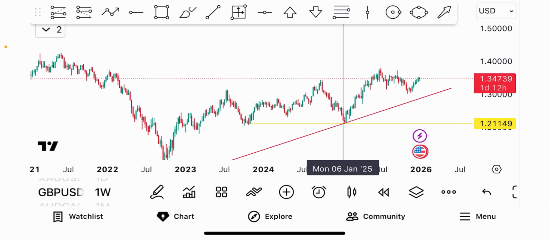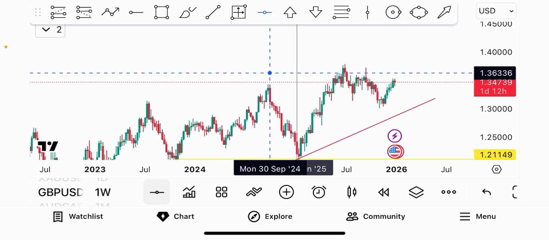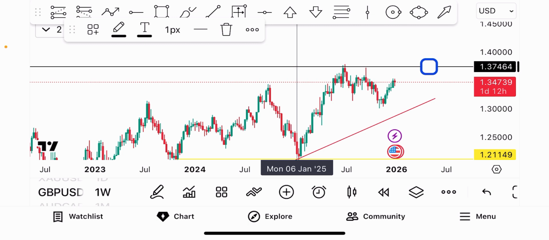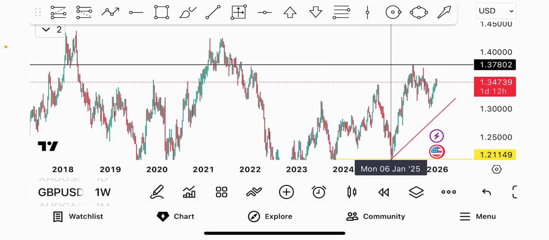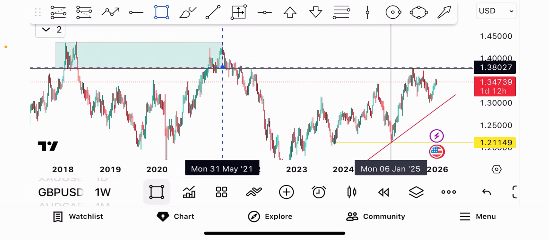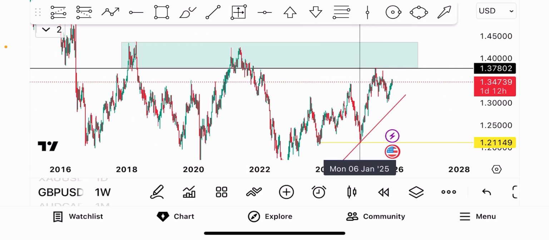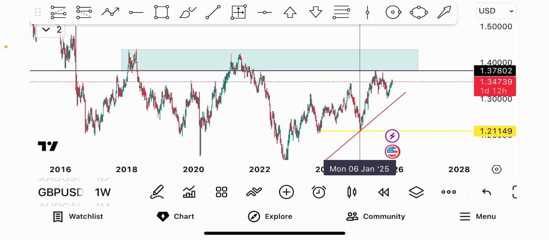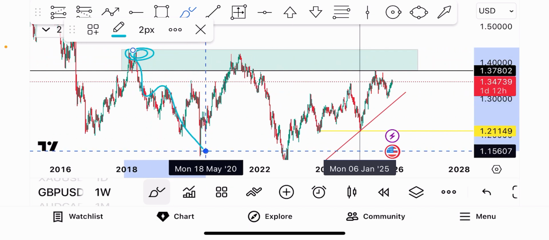Also, we can clearly see that the highest point where the market traded last year was here. That was last year's high, and if we trace that to the historic chart and place a horizontal rectangle there, we can clearly see that that level or zone previously served as a resistance point in which all this move to the downside was created.